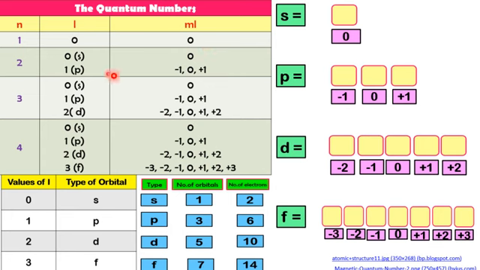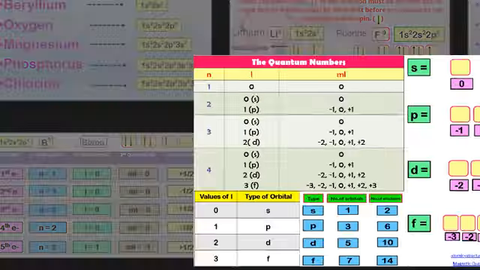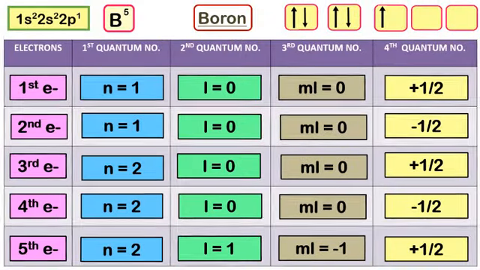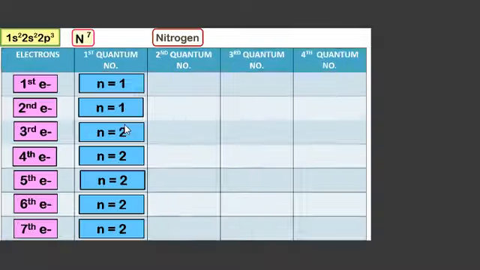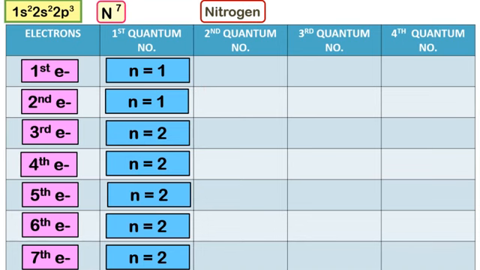If L is 1, we have negative 1, 0, positive 1. So you have to use this to complete the table for the nitrogen. Okay? So let's have the second quantum number of nitrogen.